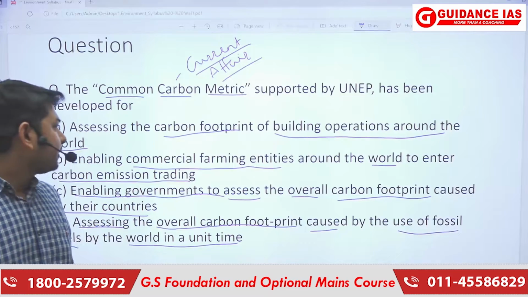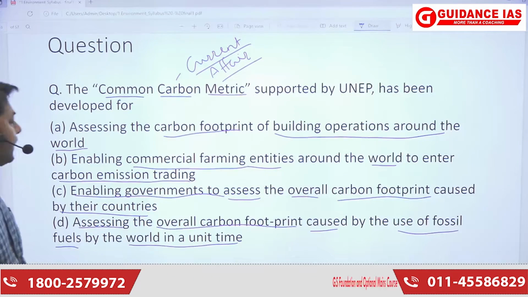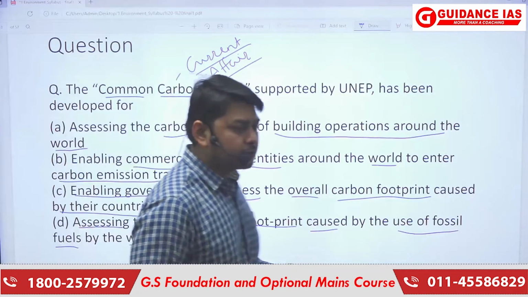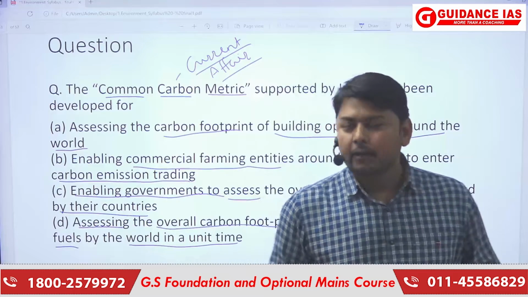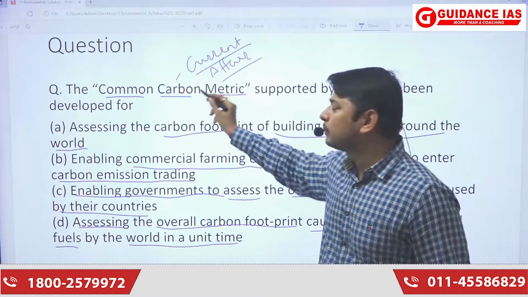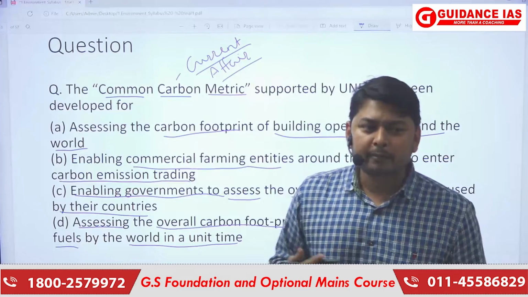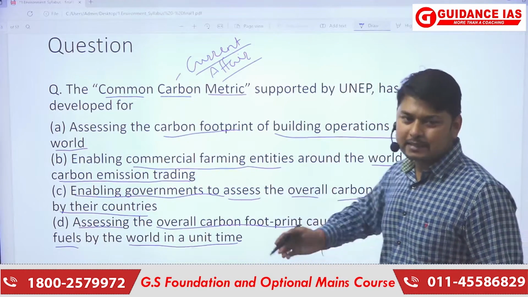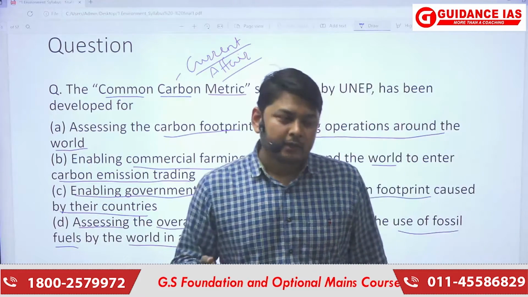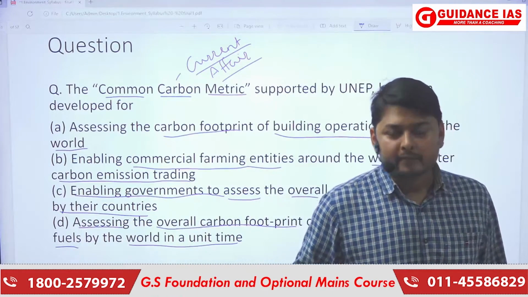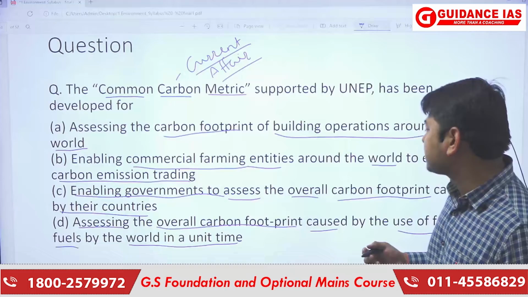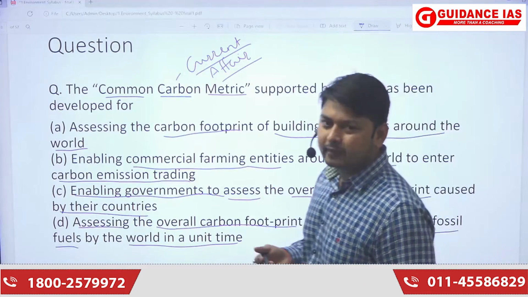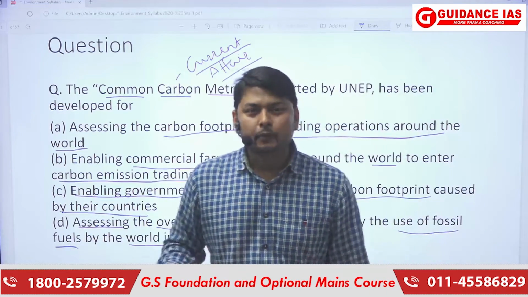Now, if I want to solve this question and I have not read about the common carbon metric, it will be difficult to judge between the options because almost all the options seem similar. But if I want to eliminate one or two options, can I do it? Yes, if I try, I can do that.